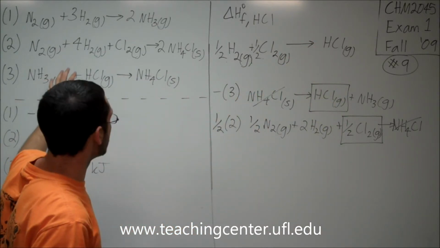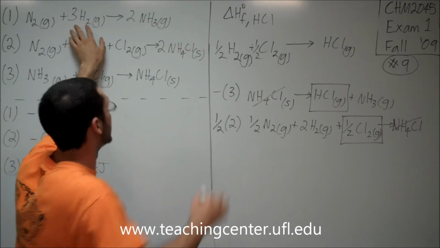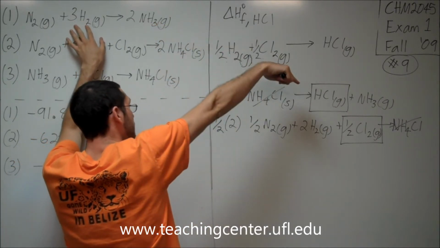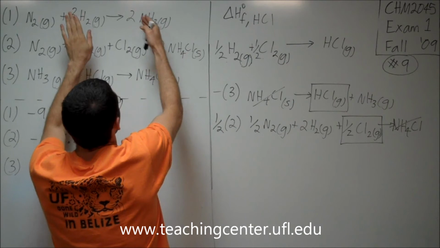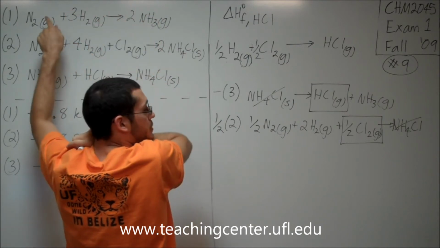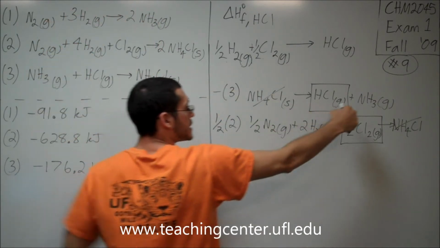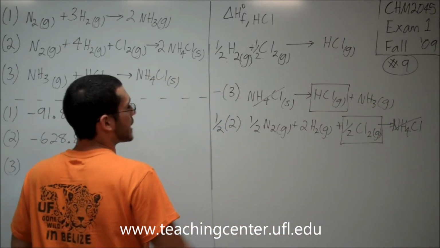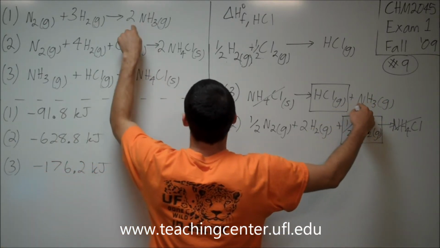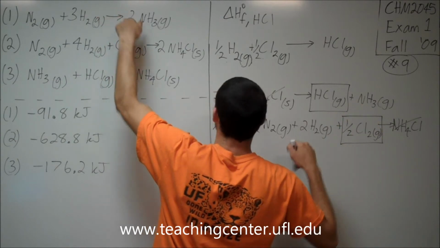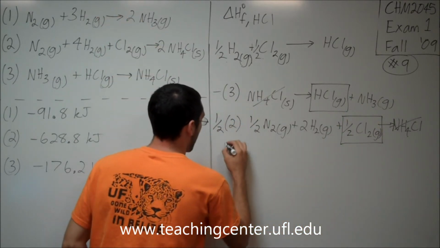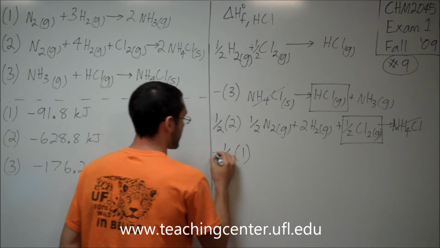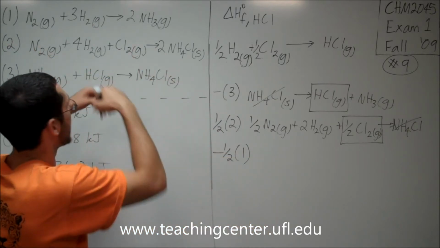So let's take equation 1 and kill off the ammonia by flipping this reaction so that ammonia appears to the left of the reaction arrow, since ammonia is to the right of the reaction arrow here. And since there's only 1 here, I need only 1 there. So I've got to flip it and cut it in half.